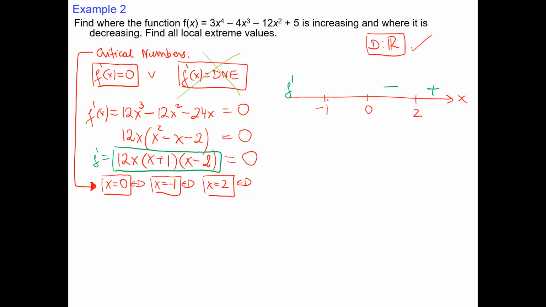Let's substitute negative half: negative half times 12 is negative, negative half plus 1 is positive, and negative half minus 2 is negative. Negative times negative gives positive. Then let's substitute negative 2: negative 2 times 12 is negative, negative 2 plus 1 is negative, negative 2 minus 2 is negative 4. Negative times negative times negative is negative.